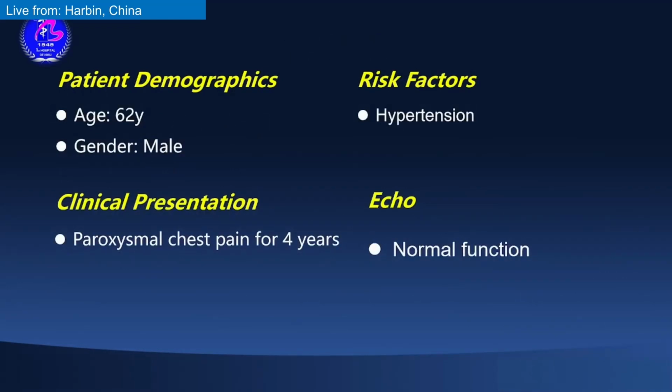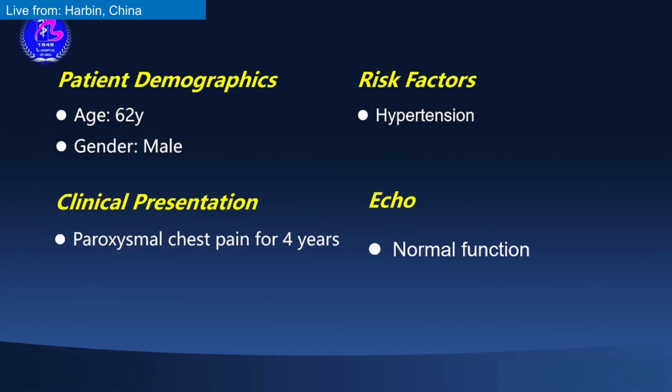Good morning, everyone. I'm Zhao Ji. Before the operation, I would like to make a brief introduction about our patient first. This patient is a 62-year-old male whose chief complaint is paroxysmal chest pain for 4 years.